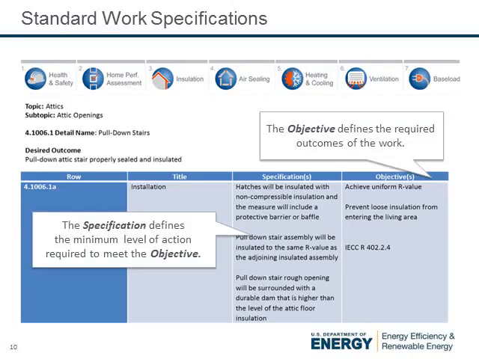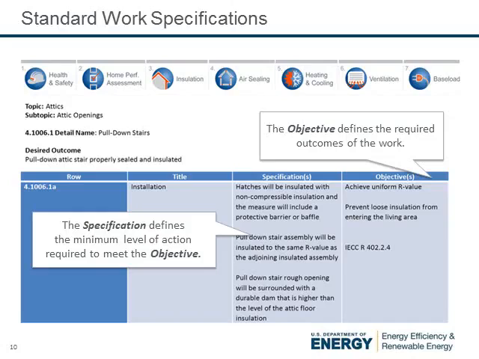We want to prevent loose insulation from entering the living area. It's nice that when folks open that attic stair, they don't have cellulose falling on their heads and into their hallway. And then we mention a code reference there, the IECC, so that folks have a place to look beyond the SWS if they want a little more information on what code says about doing this task.